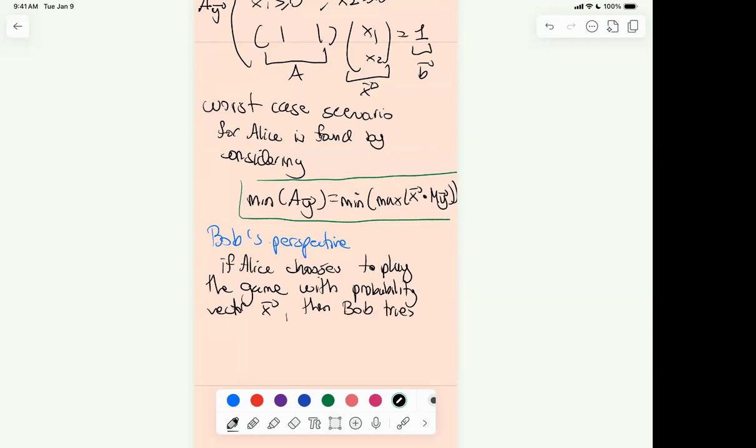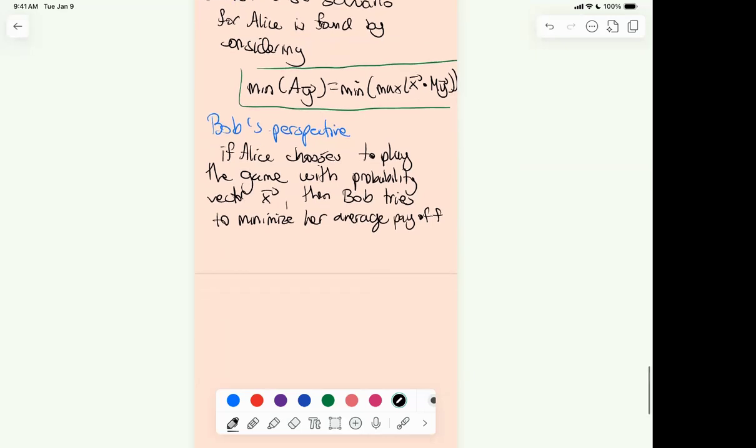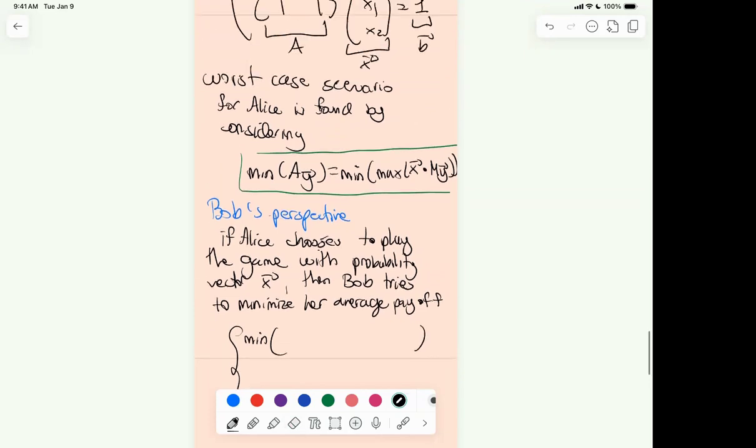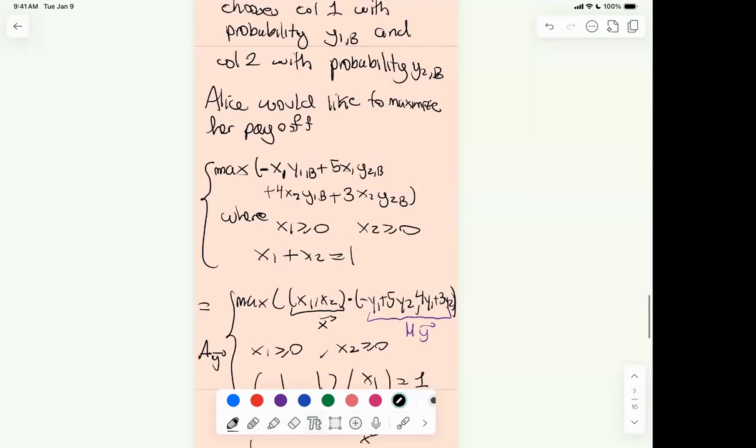Bob tries to minimize her average payoff. So what is Bob trying to solve? Bob is trying to solve the minimum of the average payoff. So it's the same function as before. Let me put it here.